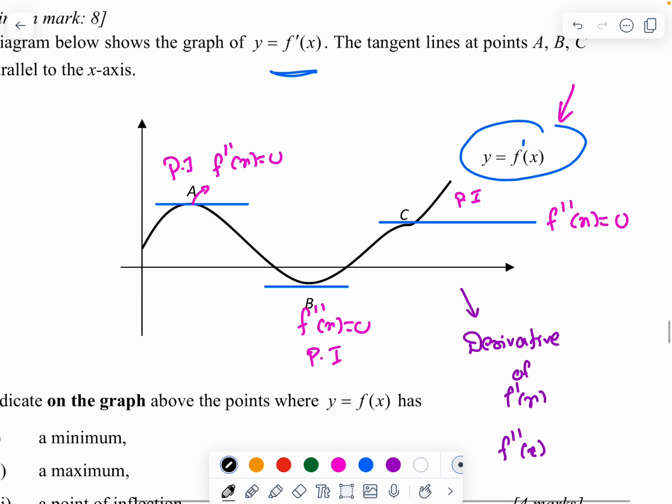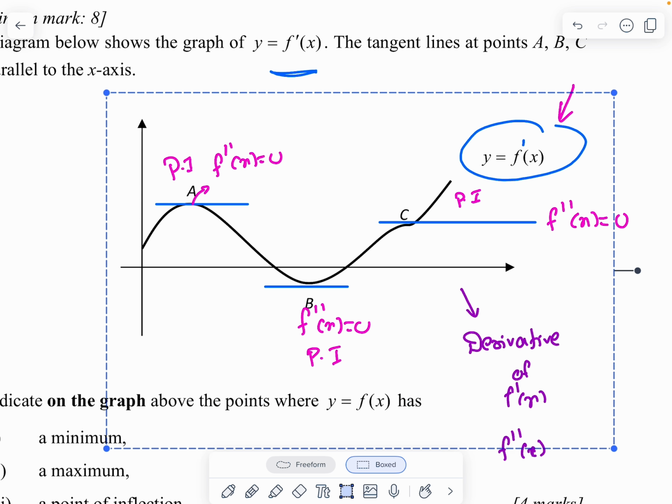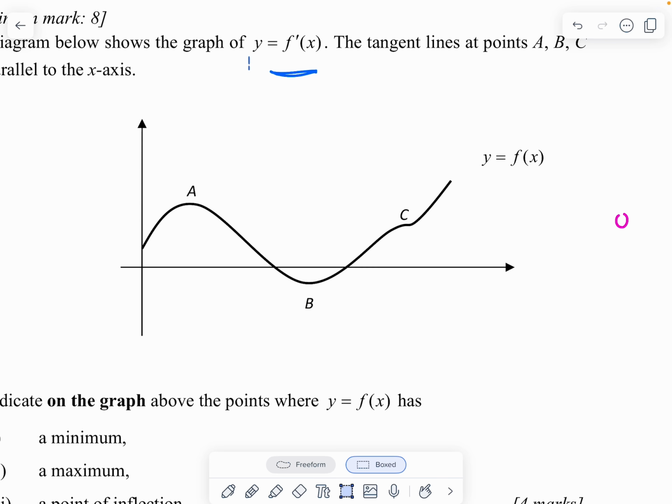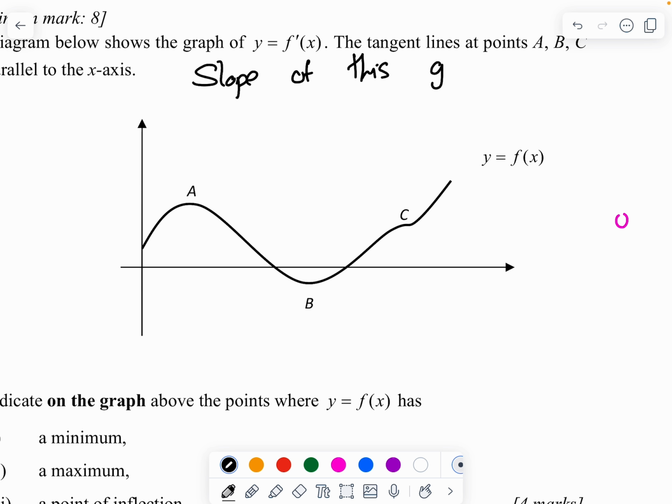Let me clear this and write everything neatly. Slope of this graph is f double prime x. So we know that f double prime x is 0 over here, here, and here. Those three are points of inflection.